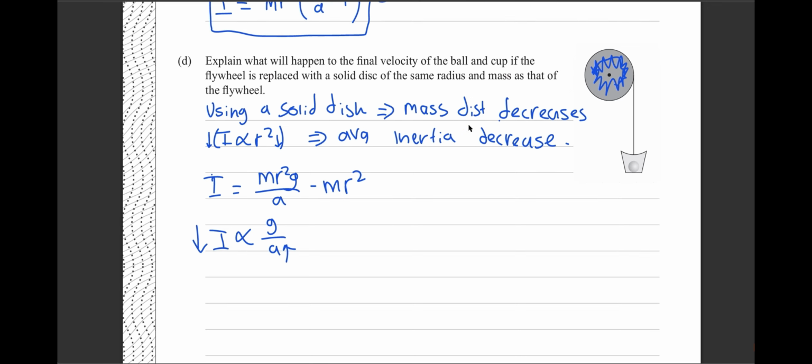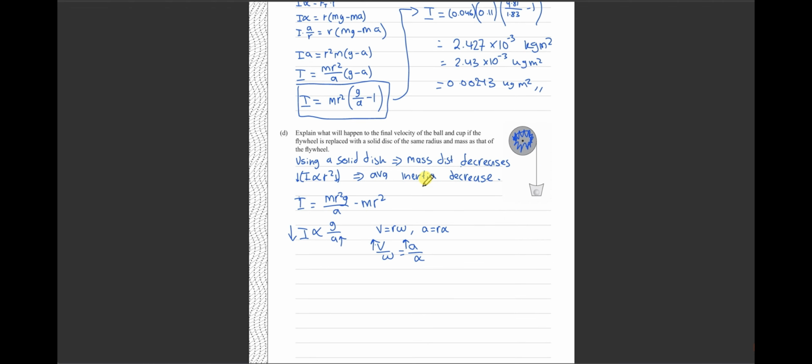Another way to look at this is we know that v equals r omega and a equals r alpha. So if we solve for r, then we get v over omega is equal to a over alpha. And so a larger acceleration implies that you will have a larger velocity. You can put that into words, but this is a rough idea of how to tackle it.